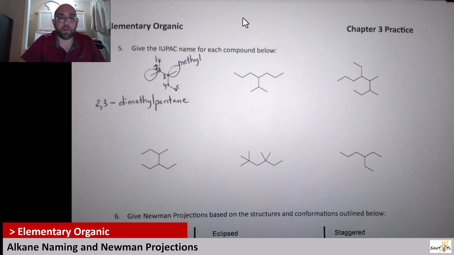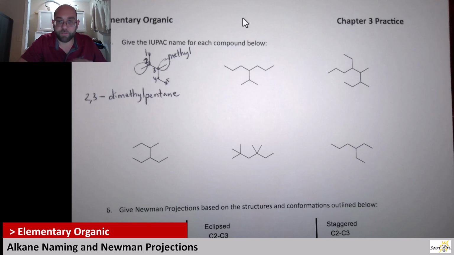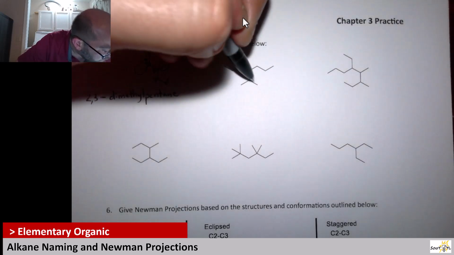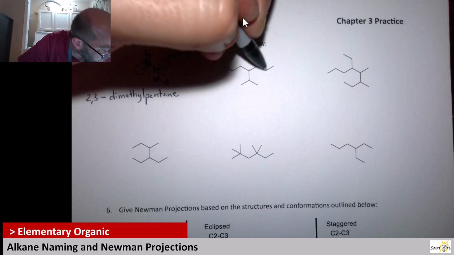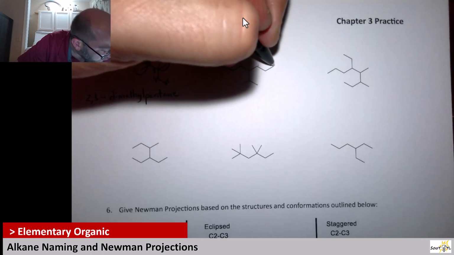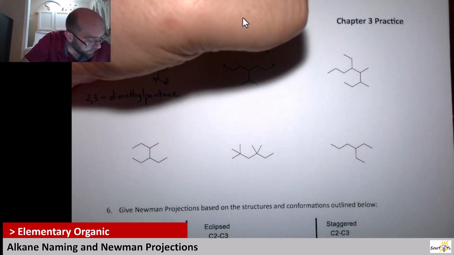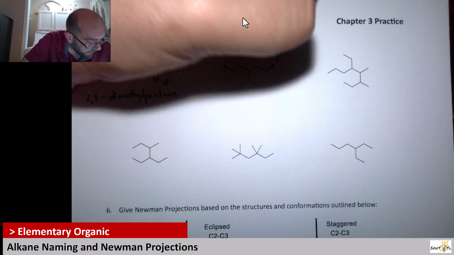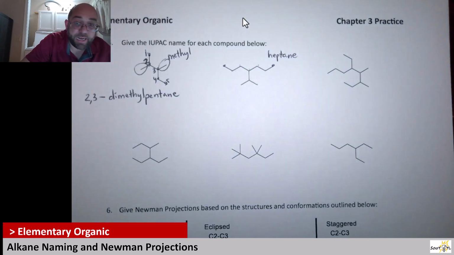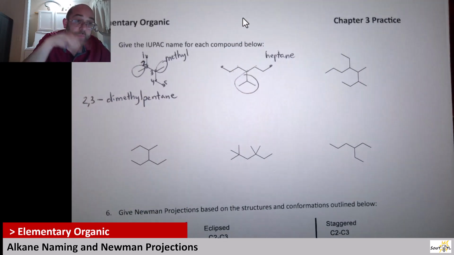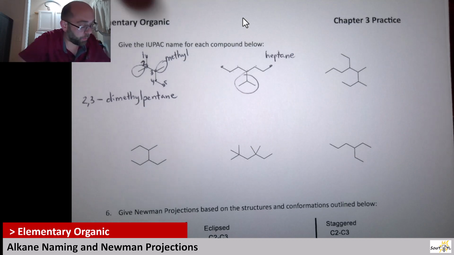Alright, yet again, let's start finding the longest continual chain. Let's see, 1, 2, 3, 4, 5, 6. 1, 2, 3, 4, 5, 6, 7. It looks like from here to here is going to be my longest chain. So it's going to be 7 carbons long, which would make that a heptane, right? A heptane parent. And so all of this is a branch. This is a 3-carbon branch, but it's connected in the middle on that second carbon, right?